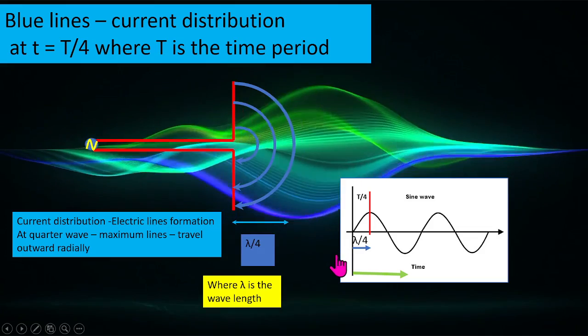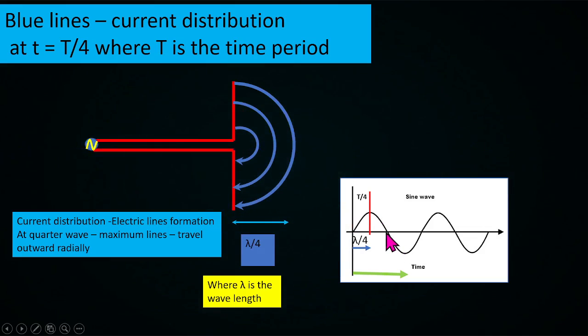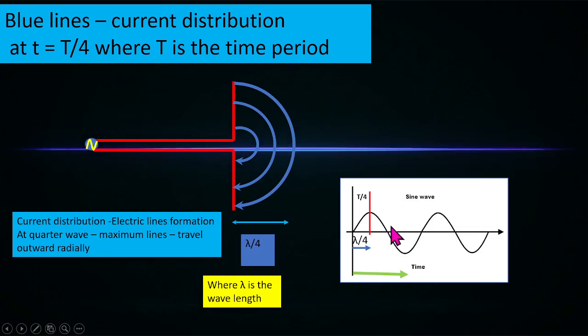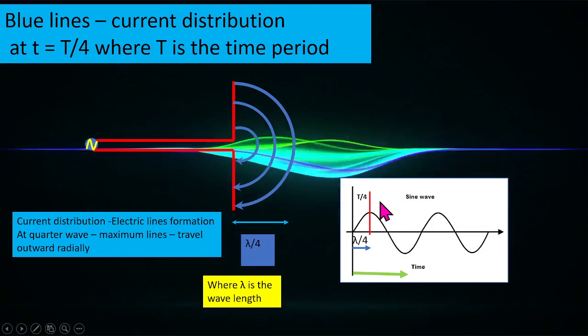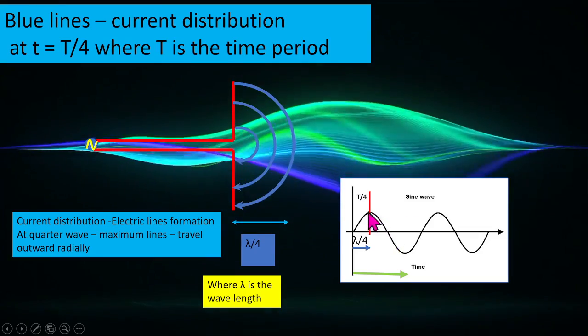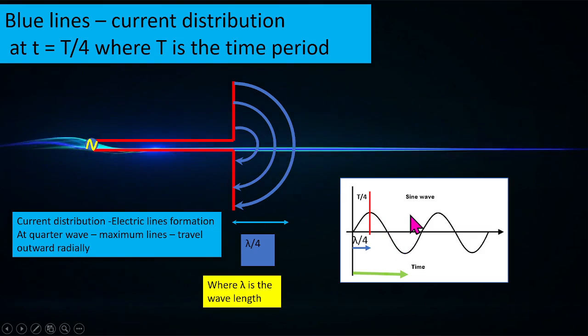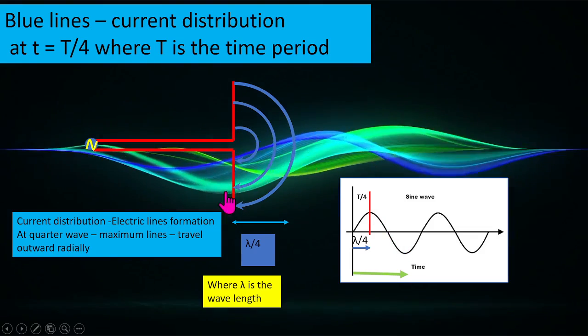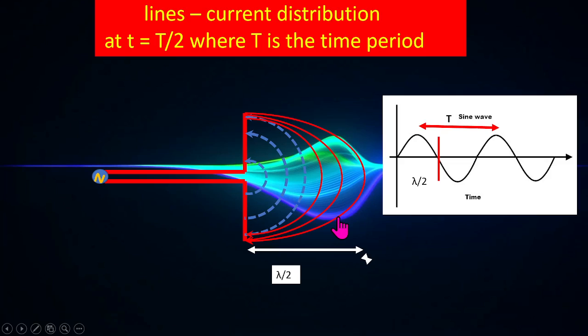During the time period T by 4 to T by 2, so this is your T by 2 time, the signal reverses its direction. See, here it travels downwards, so the signal reverses its direction. Hence new lines will be formed. So you can see here these new lines which are shown in the blue color will be formed.